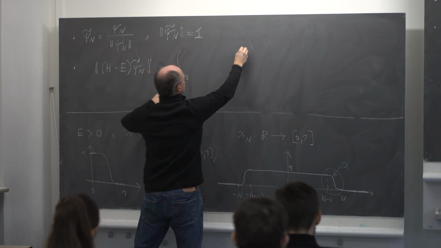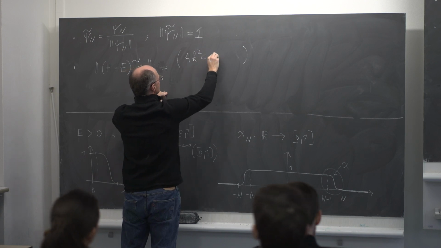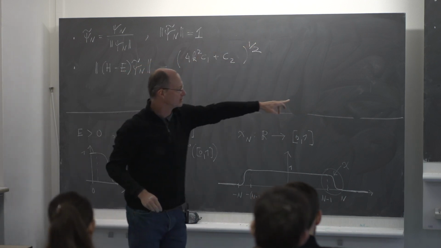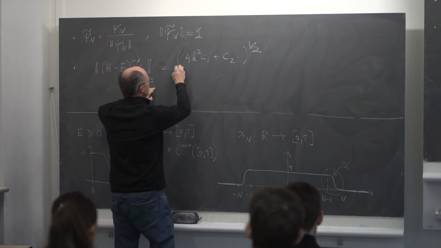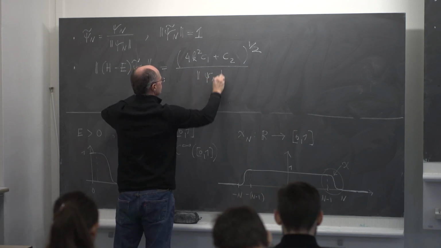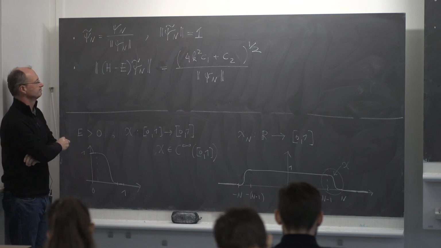So here there will be some square root of 4k squared c1 plus c2. That's the L2 norm of H minus E psi n. And this is divided by the L2 norm of psi n.